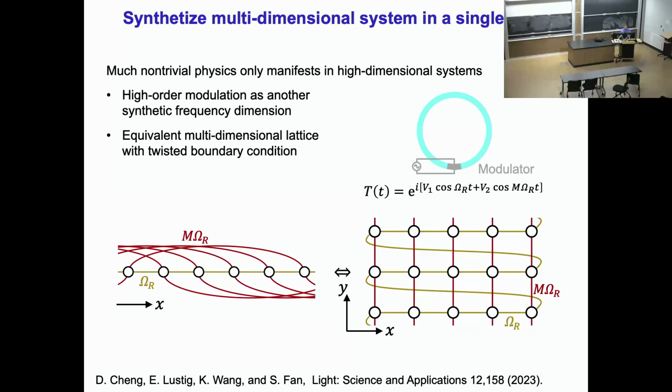The second question is, for the original Hamiltonian, if you want to add, for example, Kerr nonlinearity in synthetic frequency space next to your linear coupling terms, what should you do? Can you just make the ring resonator with a Kerr nonlinear waveguide, or do something more?